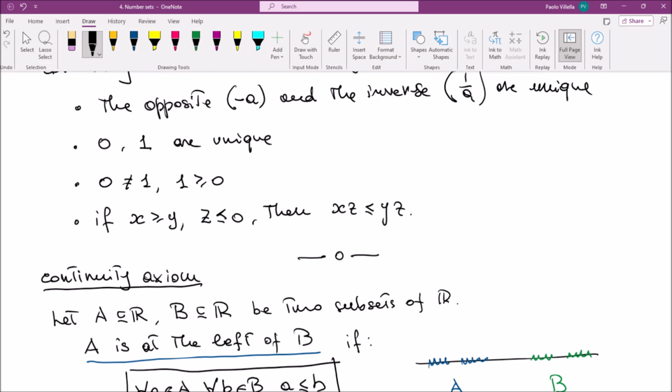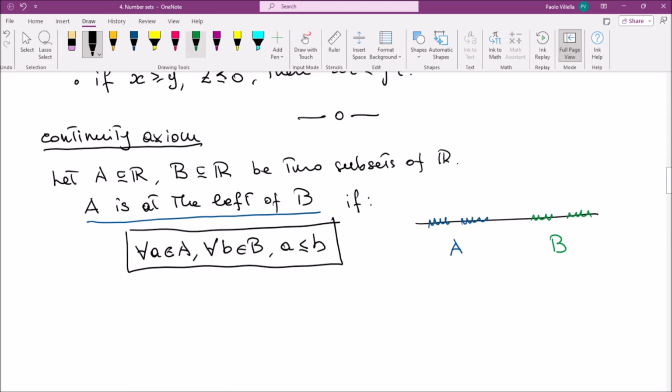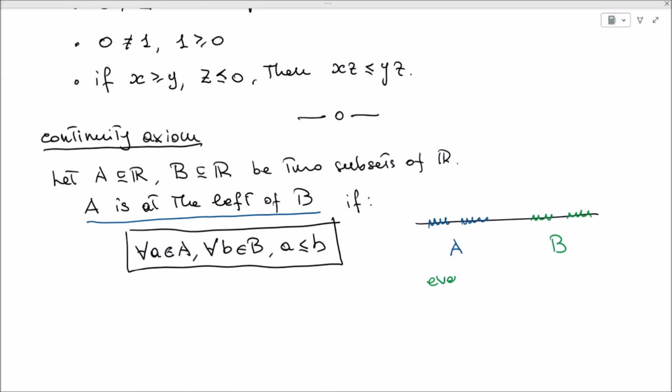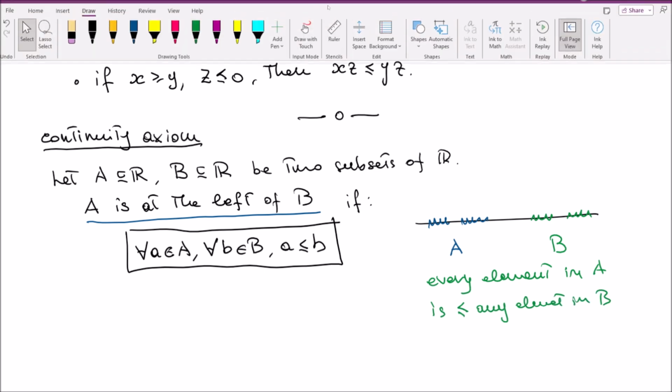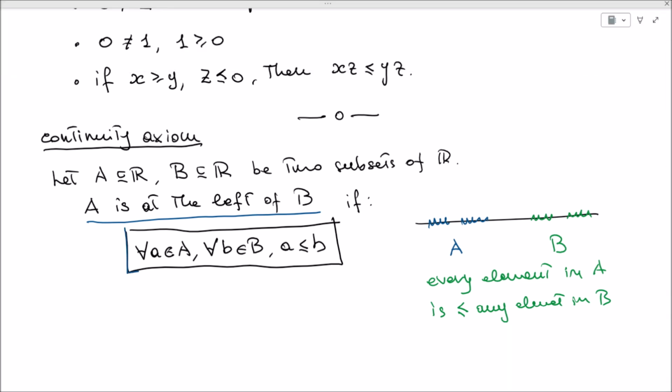This is the idea, right? So that brutally we can say that every element in A is less than or equal to any element in B, which is expressed formally by this statement.